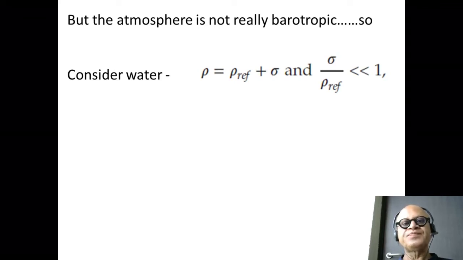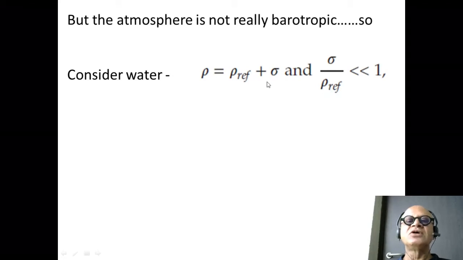The ocean density is not constant, it's a function of temperature and salinity, but the deviations from pure water are pretty small. So you can take a reference density at some reference temperature and reference salinity, and then write a deviation as sigma, with the condition that sigma is much smaller than rho ref.